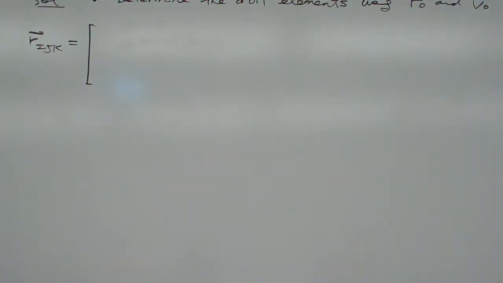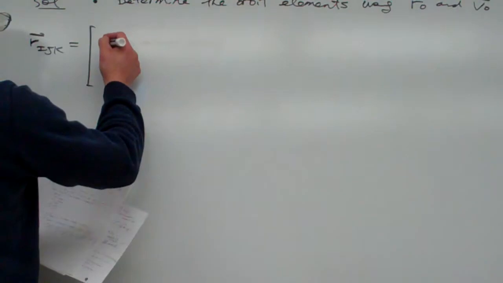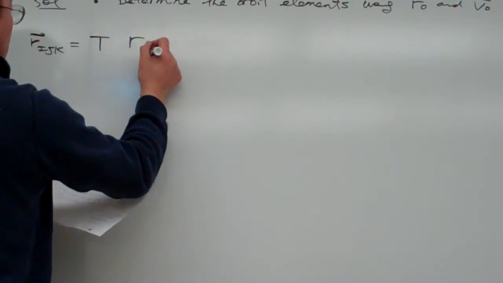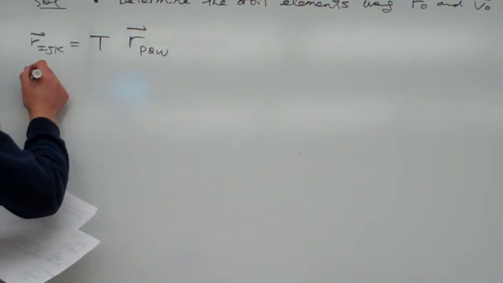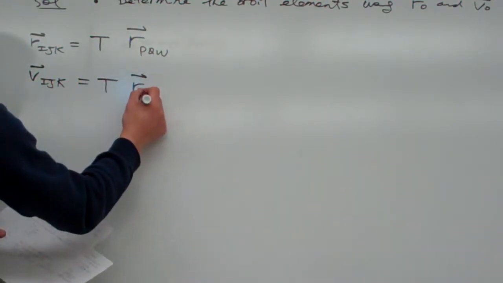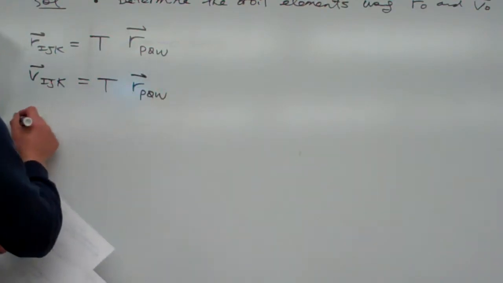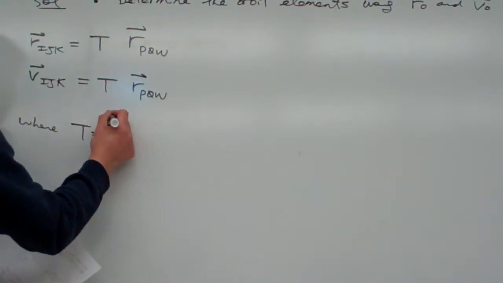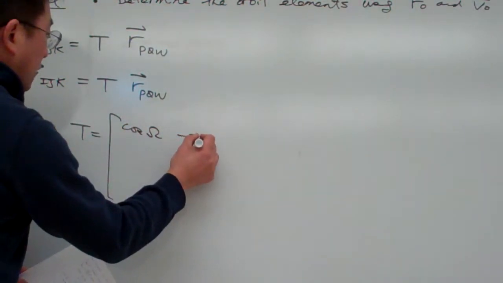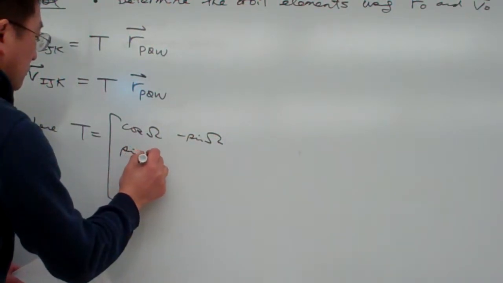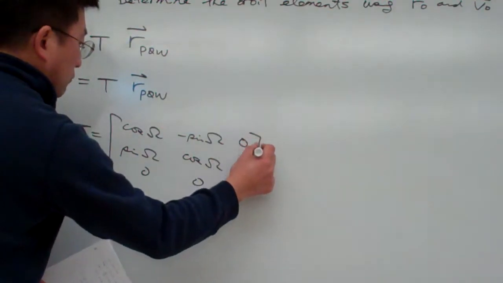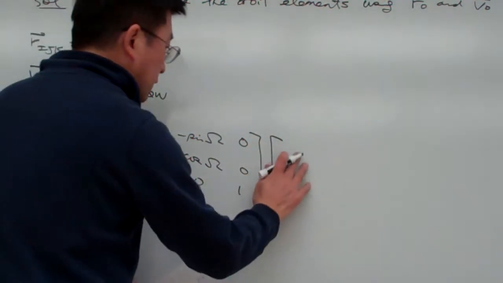Then you write it down by equations, and that one is equal to, let me put in the T matrix, T is equal to this one, cosine omega, minus sine omega, multiplied with the vector.